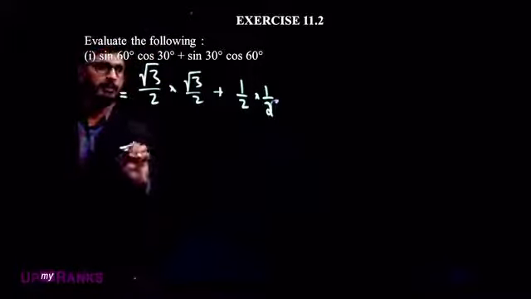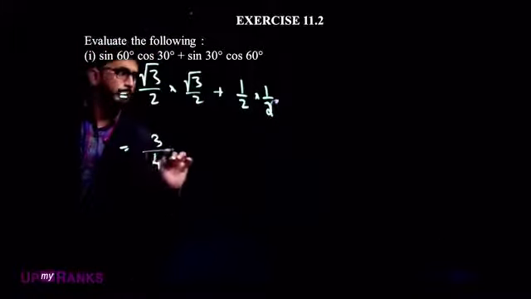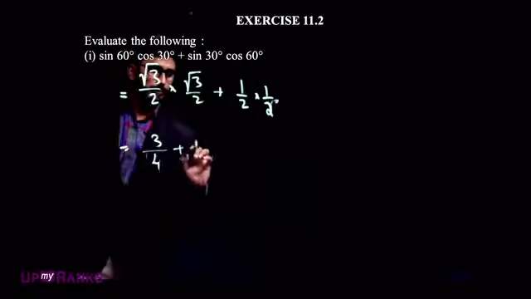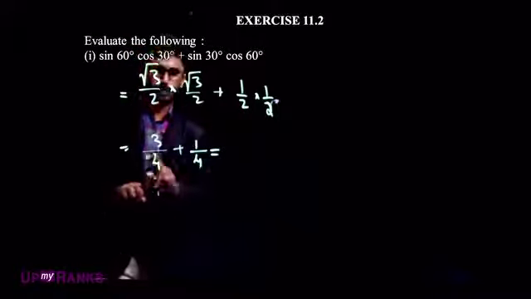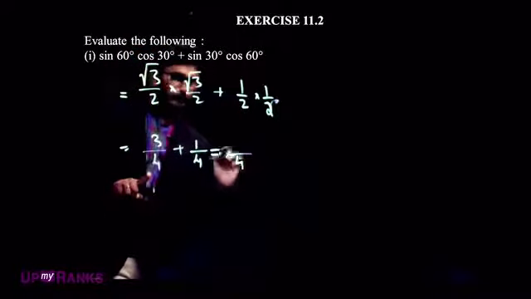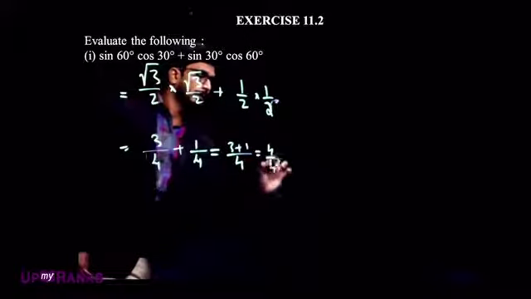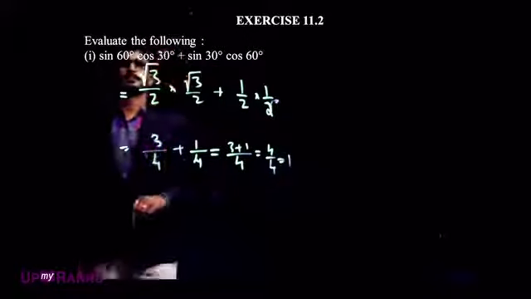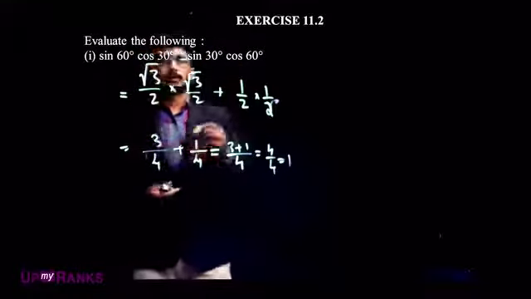When we simplify this, root 3 into root 3 is 3, 2 into 2 is 4, plus 1 into 1 is 1, 2 into 2 is 4. Denominators are same, so LCM is 4, numerator gets added, so 3 plus 1, which is 4 by 4, which is equal to 1. Is it clear, children?